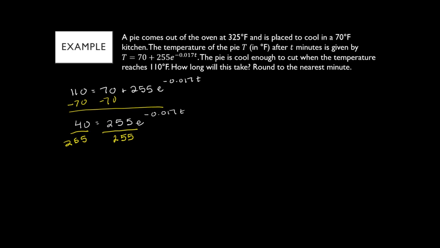So if you get lots of decimal places, a good rule is to use 5 of them and make sure you're rounding correctly. So that would be 0.15686 equals e to the negative 0.017t.